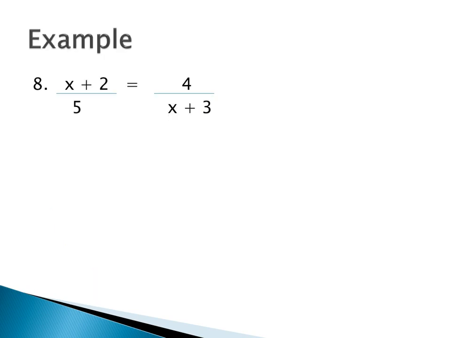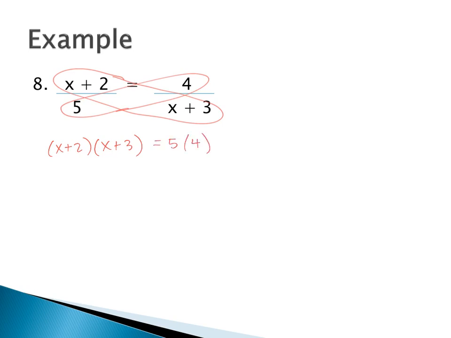Let's try number 8. So again, we're going to cross multiply. We're solving this proportion. So we're going to do x plus 2 times x plus 3 and 5 times 4. Something's happening here.